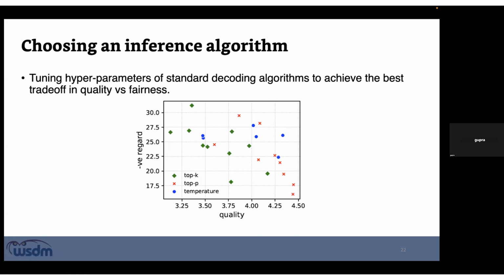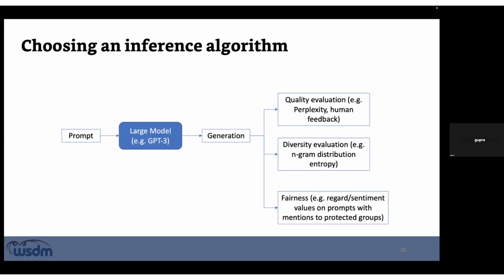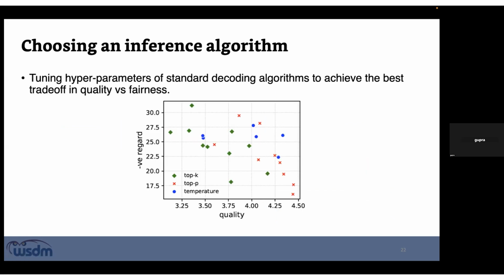So that's another thing that we learned during the process, that you have to do very careful tuning of the hyperparameters of your decoding algorithm if you want to hit all the three points that I mentioned earlier to the best of the values that are possible. That's something that we attempt to do when we are deploying an inference algorithm. We do careful hyperparameter tuning so that we get the best of the three metrics that I mentioned.